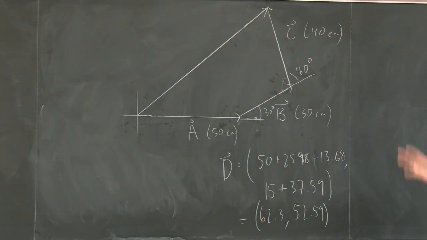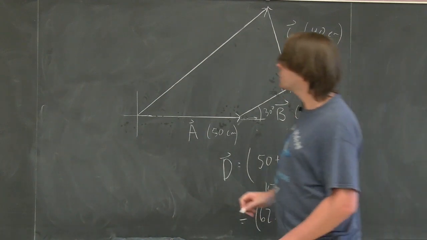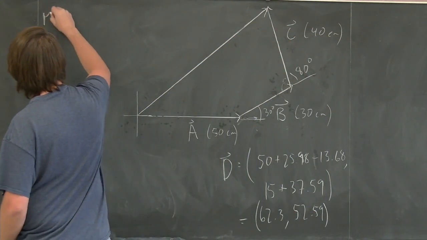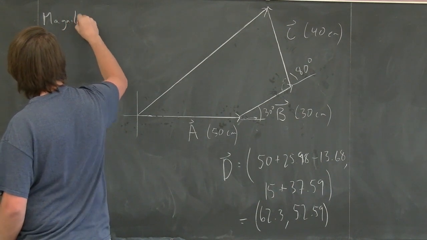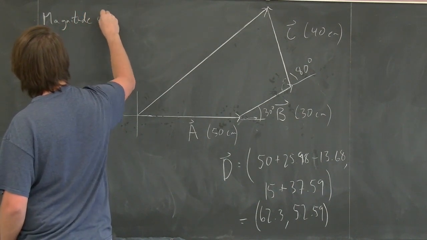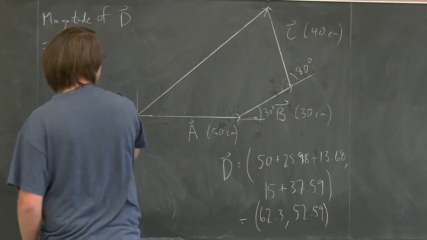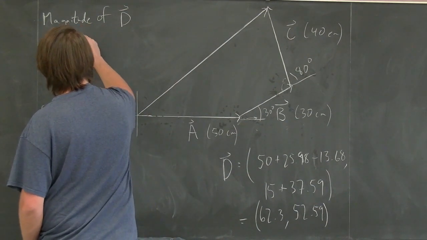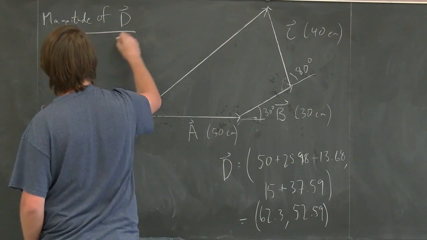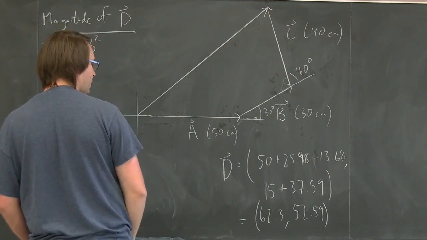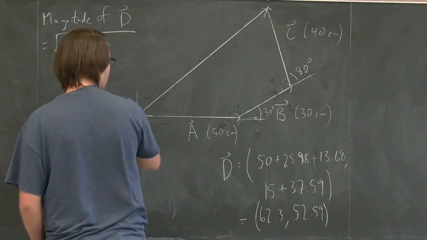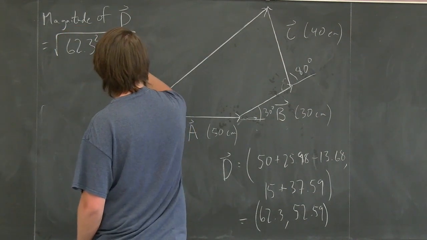Okay, so to get the magnitude of the vector, for that you just use the Pythagorean theorem. So we have the magnitude of D equals the square root of the quantity 62.3 squared plus 50.59 squared.